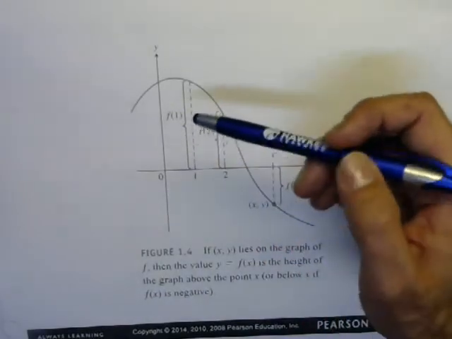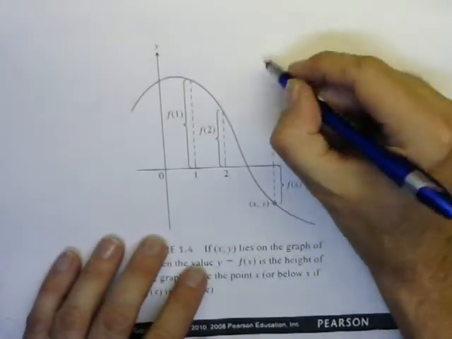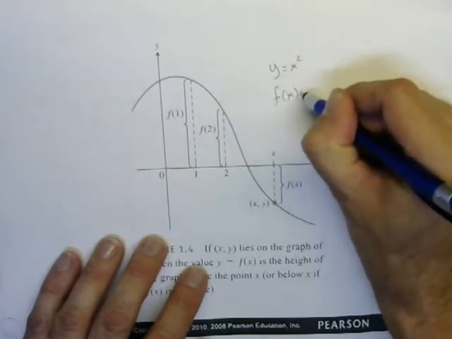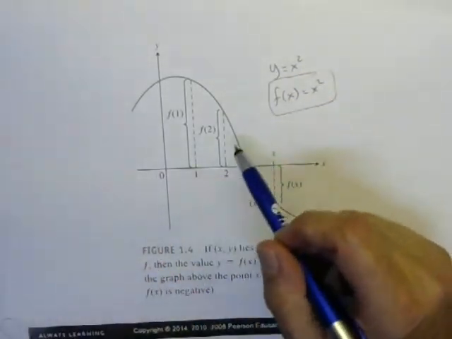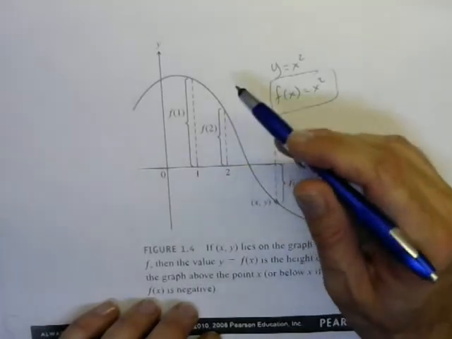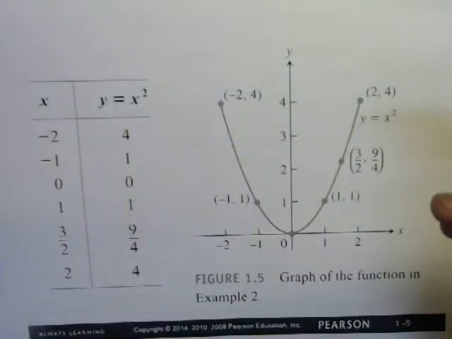Just to remind you too, if you do have a particular function, especially if you're using function notation, we might use, let's say, y is equal to x squared, but we could also use function notation, which is probably preferred. I'm not saying this is the graph of x squared, but just remember, if you put a number in for x, right, that tells you the height that the function goes to, right? So you can think of that as the y coordinate.